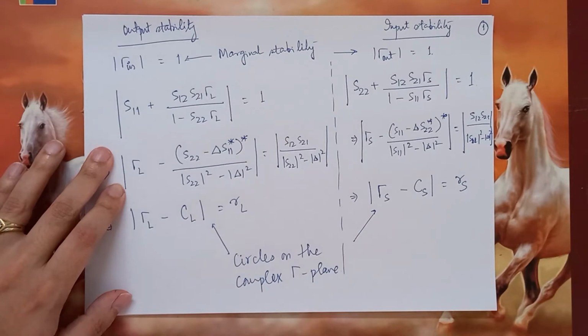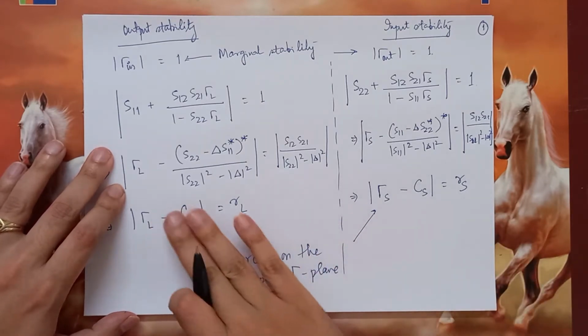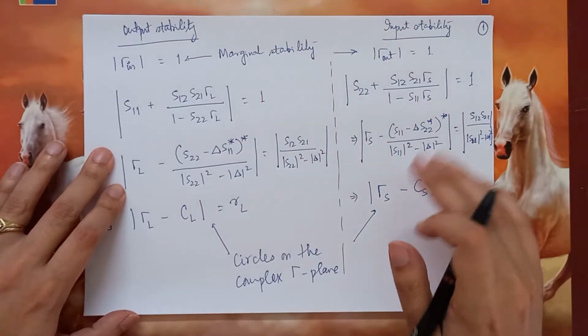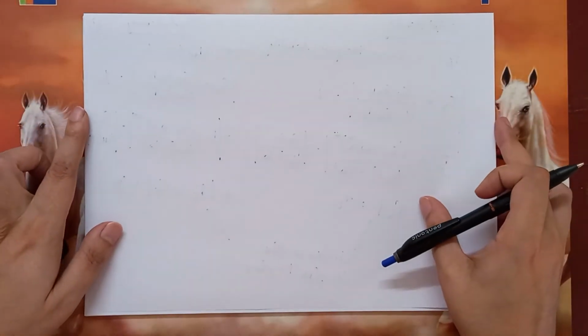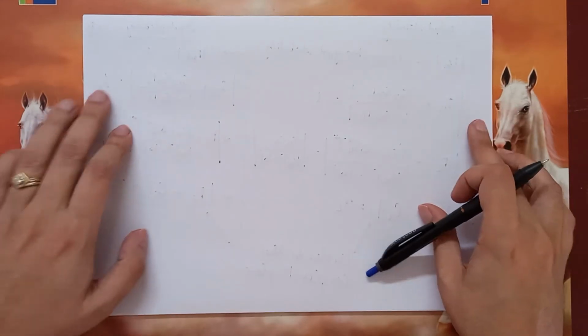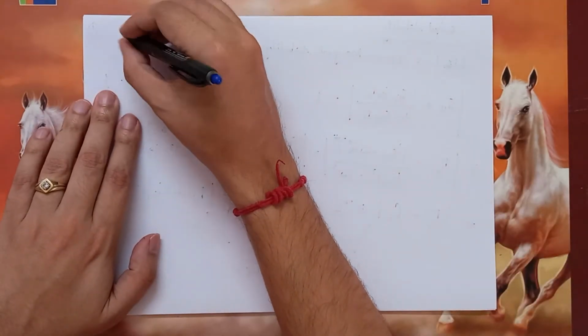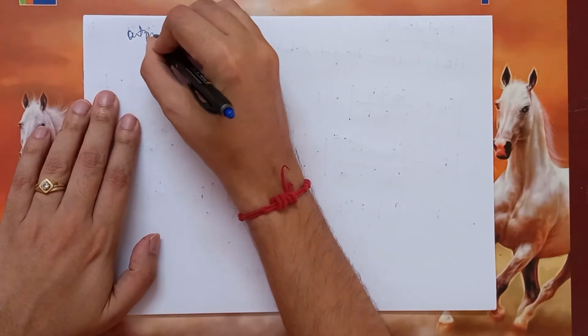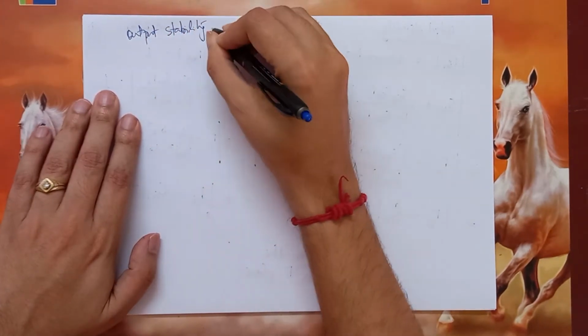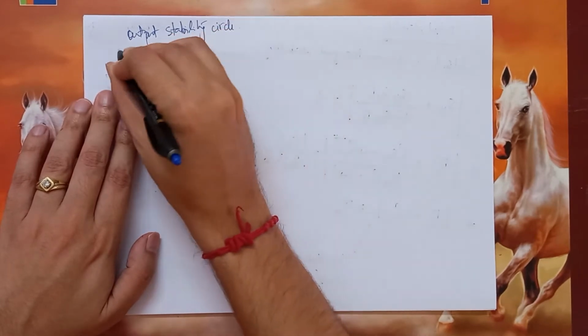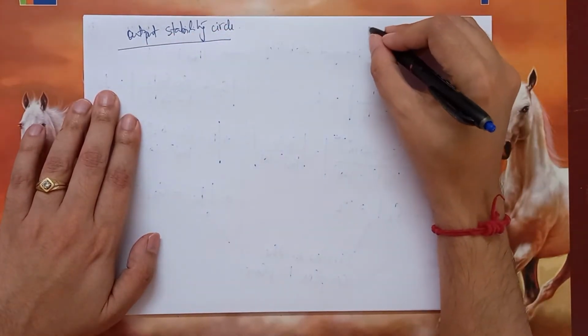So therefore, if I were to draw the complex gamma plane for both output stability and input stability, what I would see is something like this. We will see two circles. One is called the output stability circle and the other is called the input stability circle.